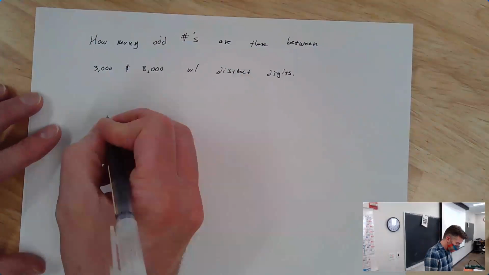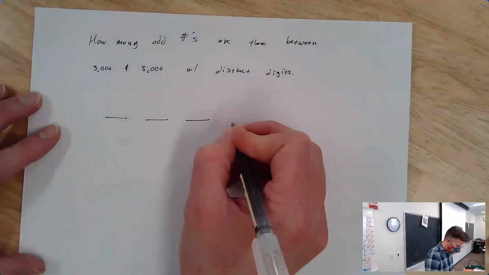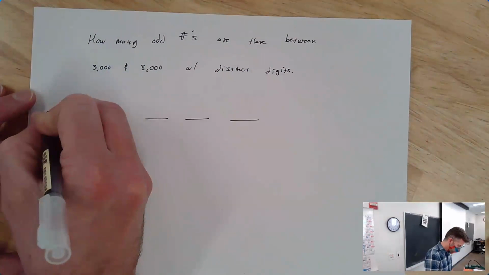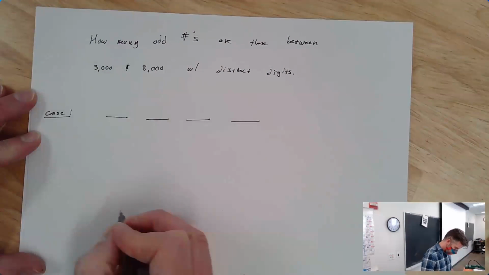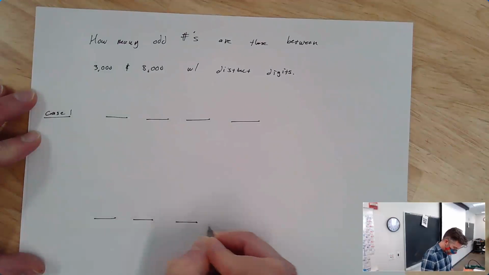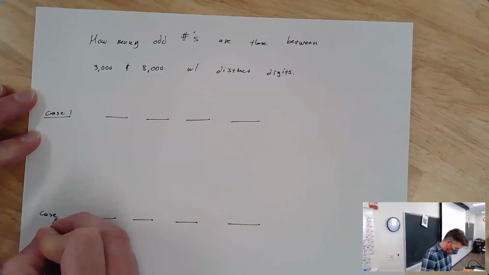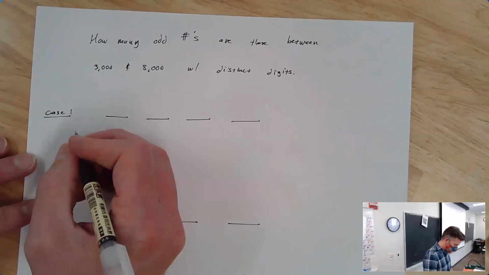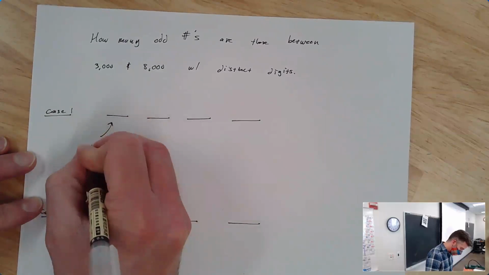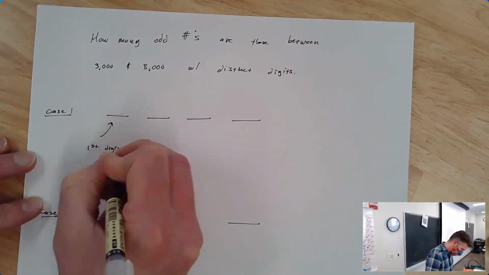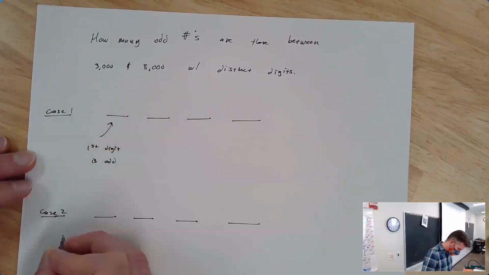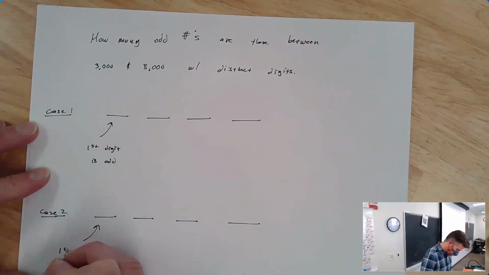So you should think about 2 different cases. I'll help you out. Case 1, the first digit is odd. Case 2, the first digit is even.